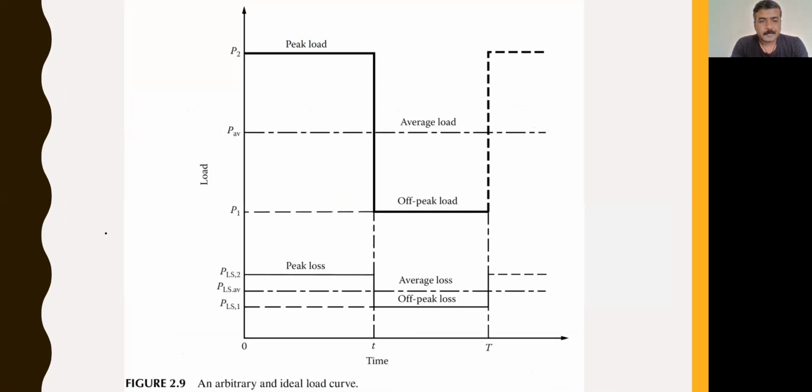On the x-axis is the time duration and on the y-axis the load. From 0 to t, the small time period, it has a peak load, and the time period from t to capital T is half peak load.